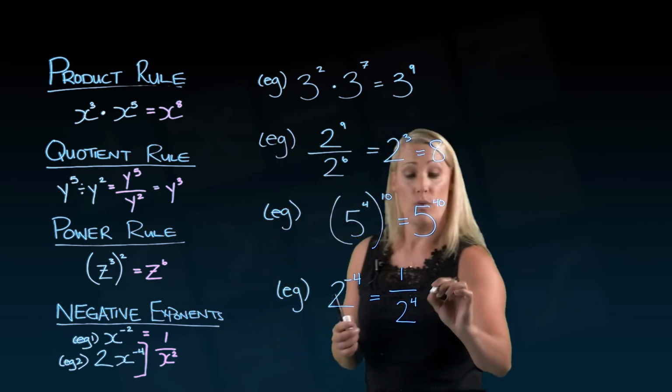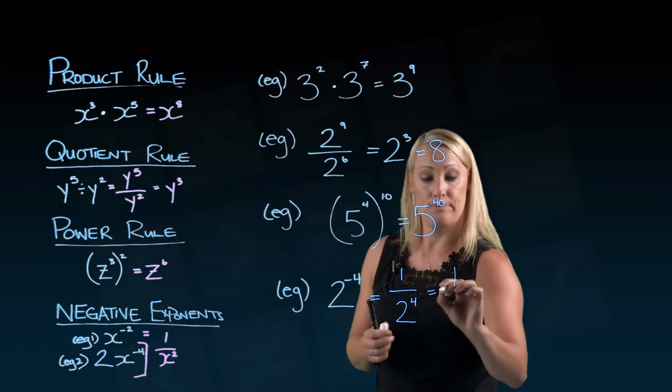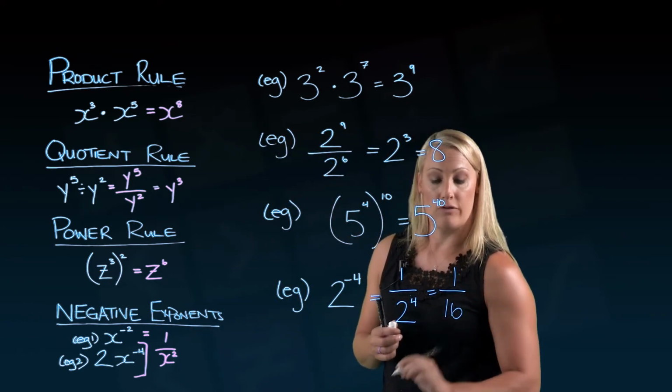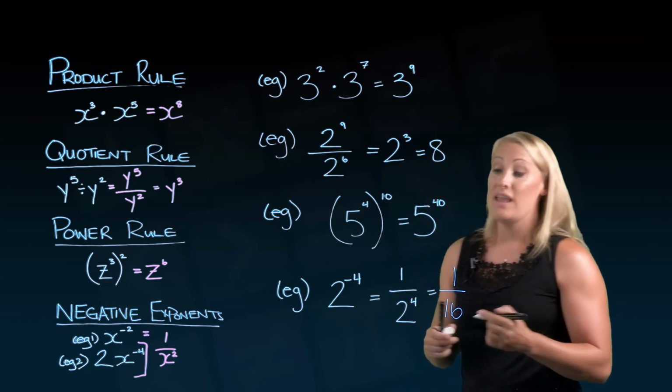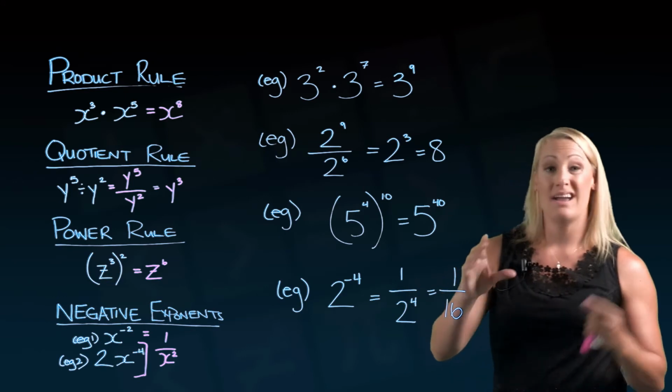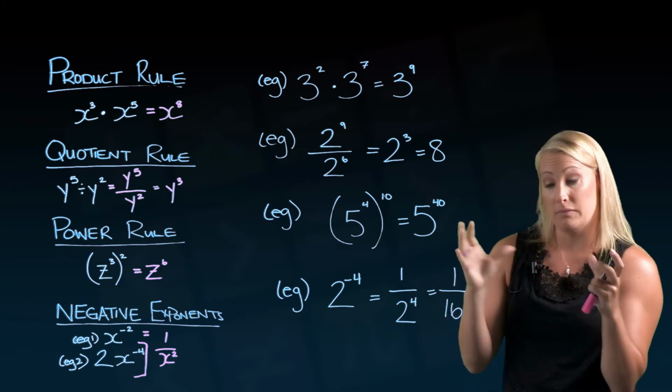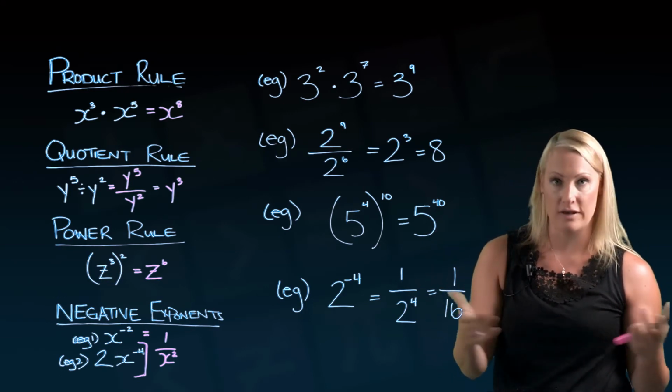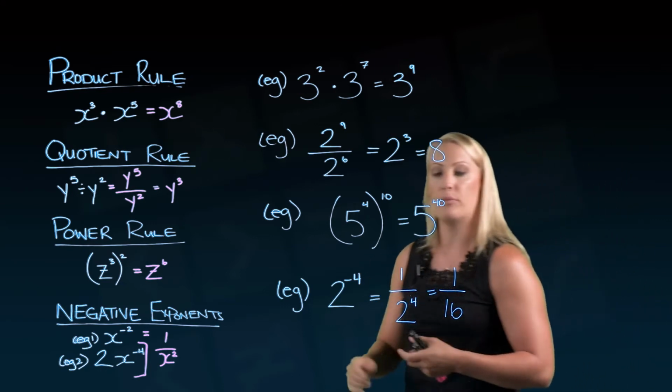And then at that point, if I wanted to simplify it further, I could. 2 to the power of 4 is 16. And if you were to type 2 to the power of negative 4 into your calculator, you'd get a tiny little number because 1 divided by 16 is quite a small number.